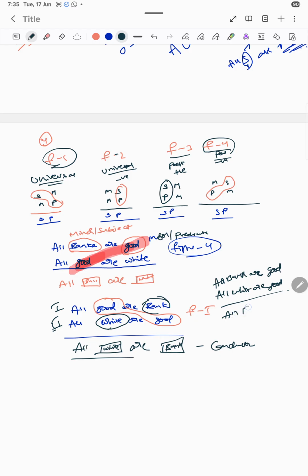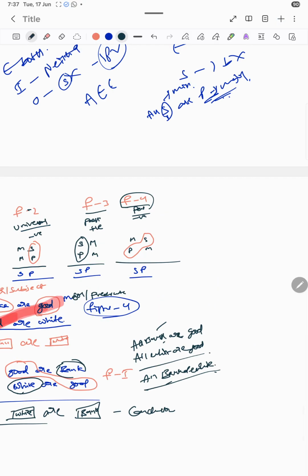Now your conclusion will be all bank are white. So the first one in the first one, the second one in the second one. Okay. See, it is not the same. Here all white are banks. So this way we will write. Okay. The second one will be your subject.